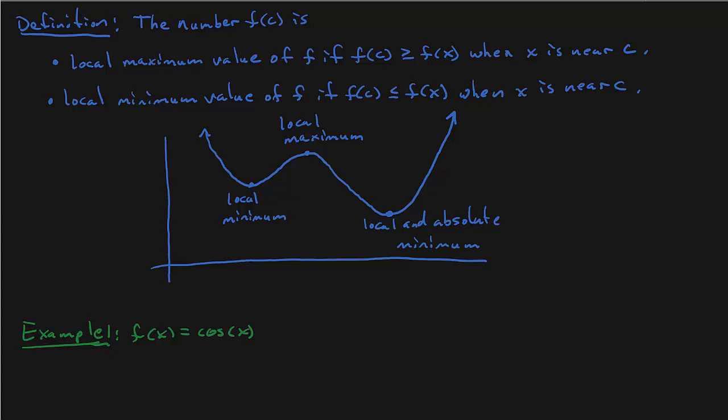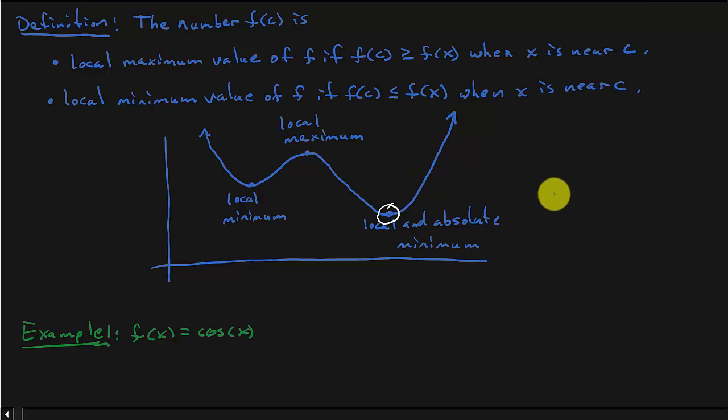As x goes to negative infinity, y goes to infinity, and as x goes to positive infinity, this is going to positive infinity also. But you can see that this value right here is the smallest value this graph has over its entire domain.